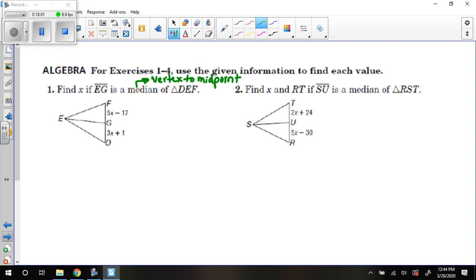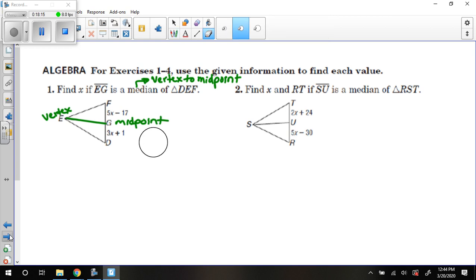Okay, so this line is our median, and it's going from a vertex at point E to a midpoint at point G. Since point G is a midpoint, that means this segment is congruent to this segment. So I can put those little tick marks on there.